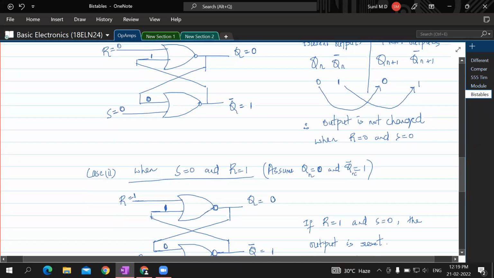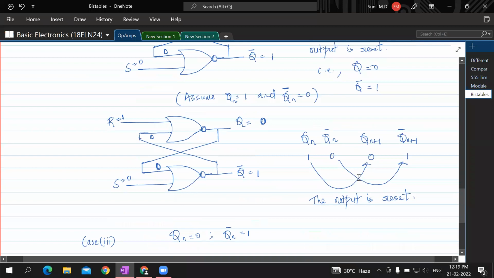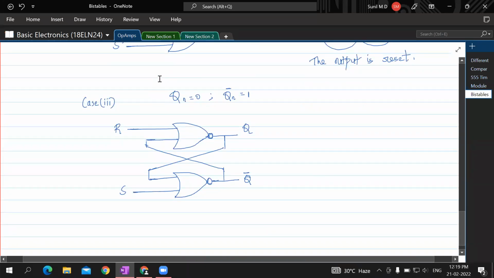Assume these are all present states. Fine. Now, similarly, we have assumed the present states to be 0 and 1. So this is 0 and this is 1, and S is equal to 1 and R equal to 0. So this is the state.